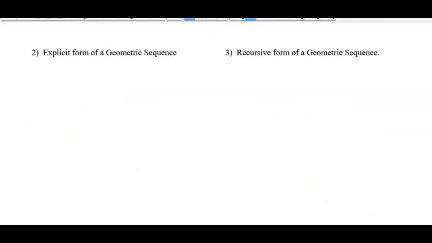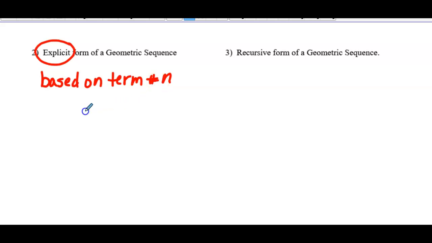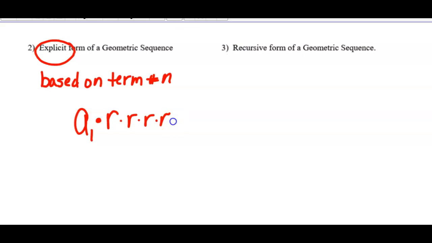Alright, so the explicit form, again, means based on the term number n, and it goes like this. You take the first term times R and you multiply. If you multiply by R again and again and again, that's an exponent.